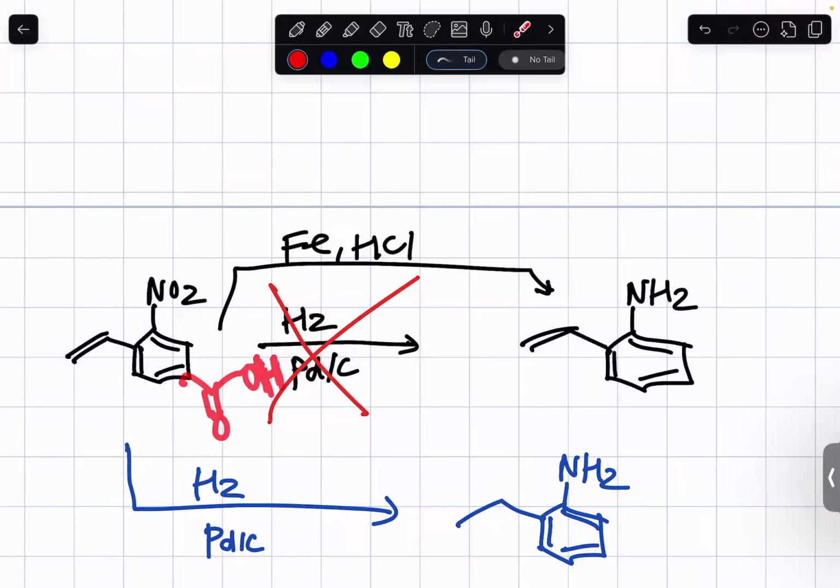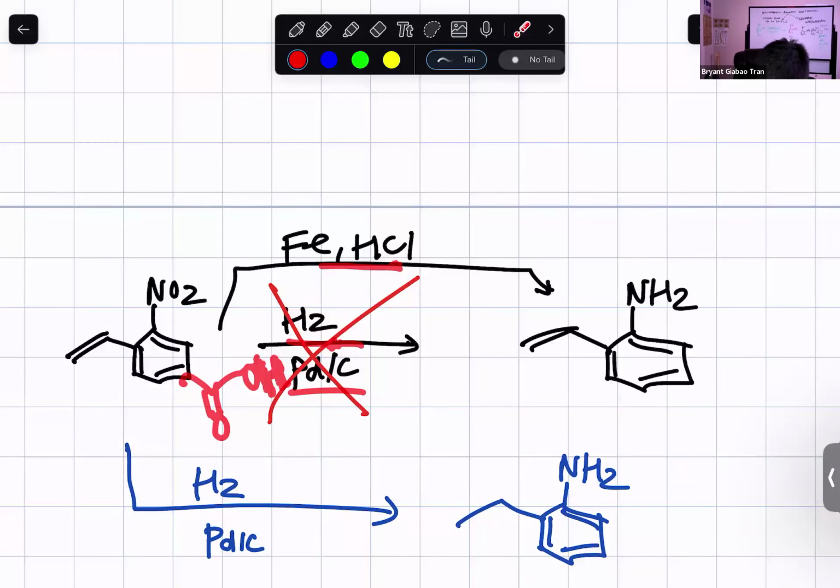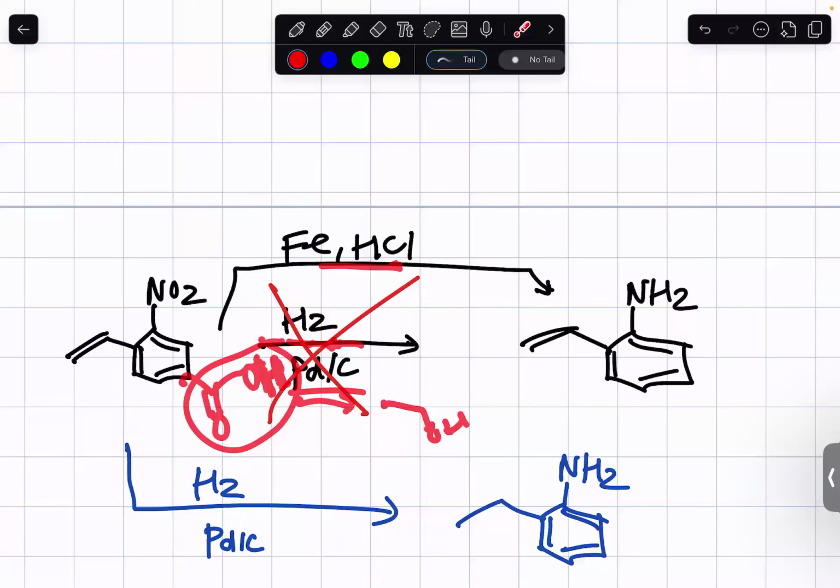Yes, I can see why, because H2 PdC is a stronger reducing agent than iron HCl, and the carboxylic acid can be reduced down to an aldehyde or a primary alcohol. That makes sense.